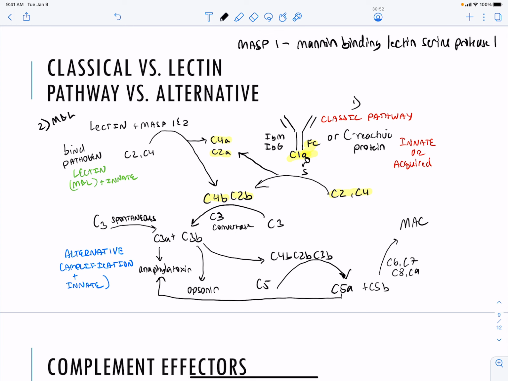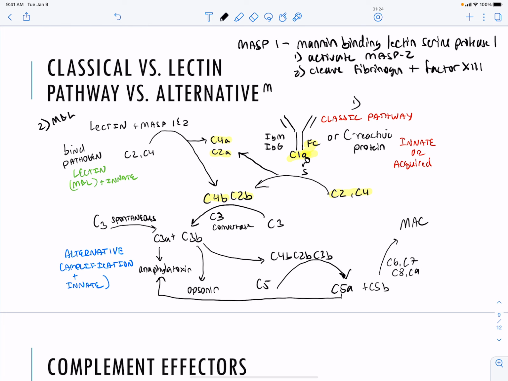And mannan-binding lectin serine protease 1 has two main functions: one, to activate MASP2, and two, it's a serine protease, so it can actually cleave fibrinogen and factor 13. So it's involved in the clotting cascade as well.